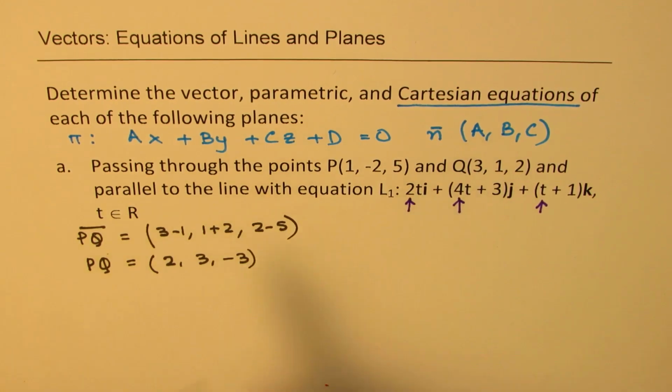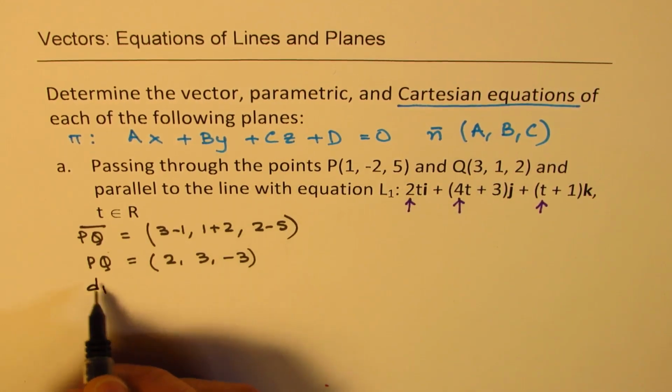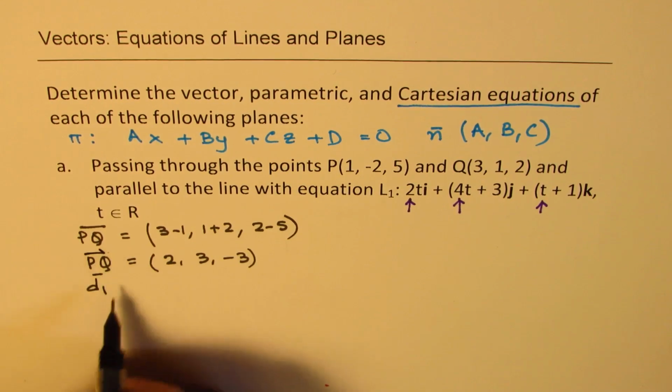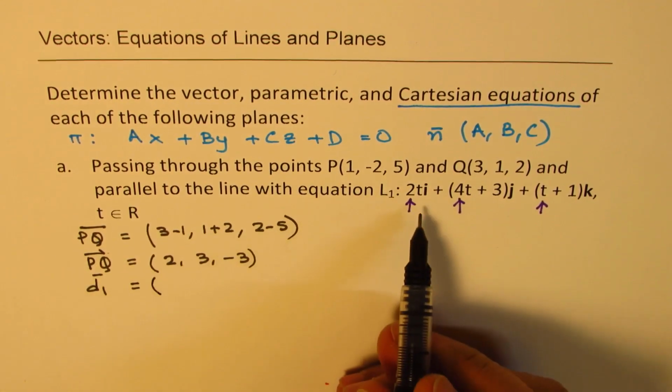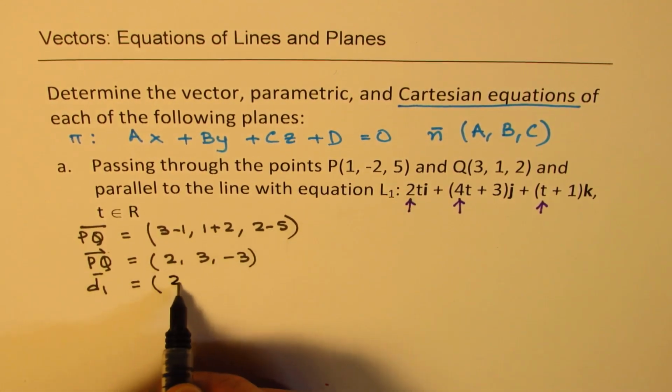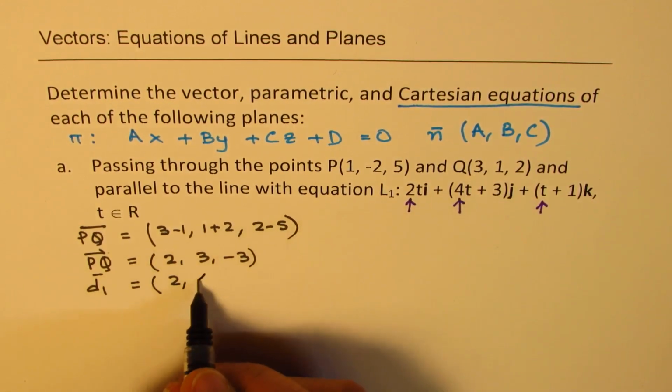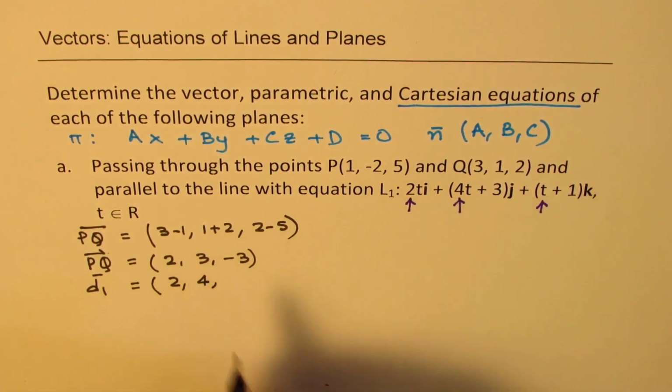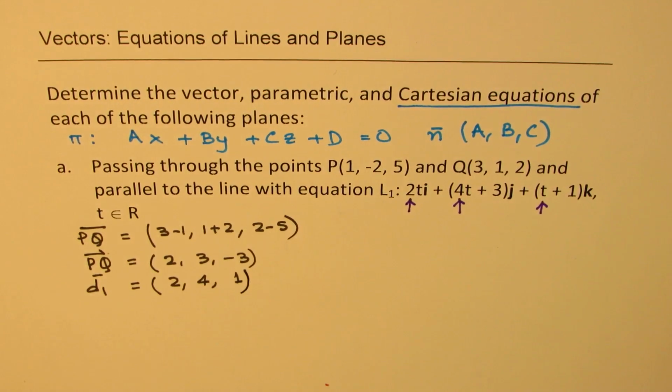So let me write down the direction for the line as d1: 2, 4, and 1. Clear? So we got the second direction.